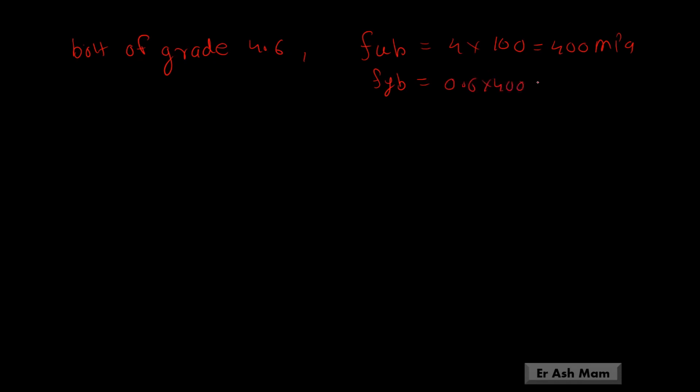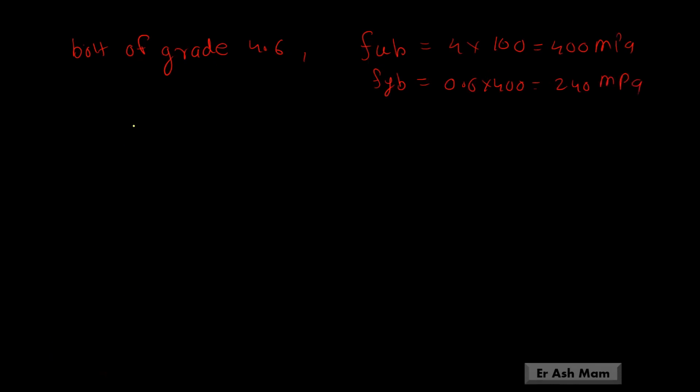It means the ultimate strength of the bolt equals 4 into 100, equal to 400 MPa. And the yield strength of the bolt, which is not required in this numerical, but we can calculate as 0.6 into 400, equal to 240 MPa.